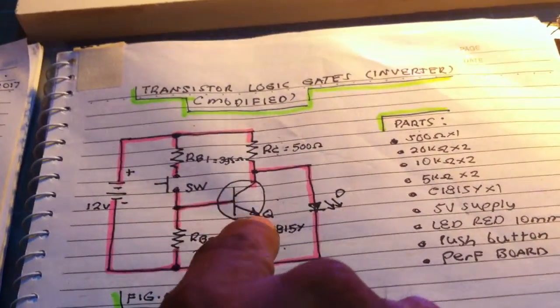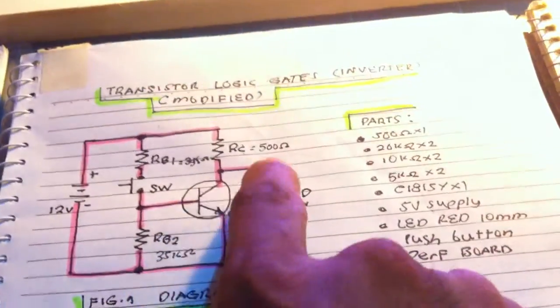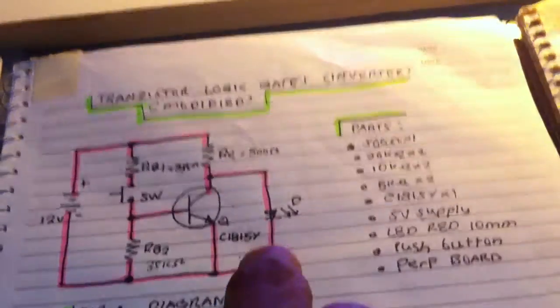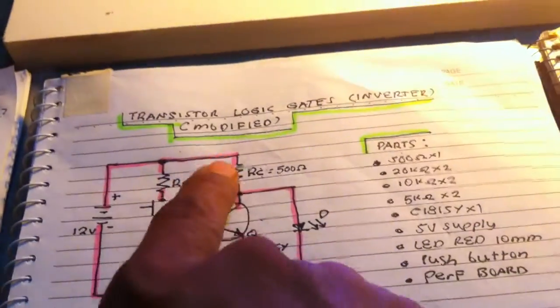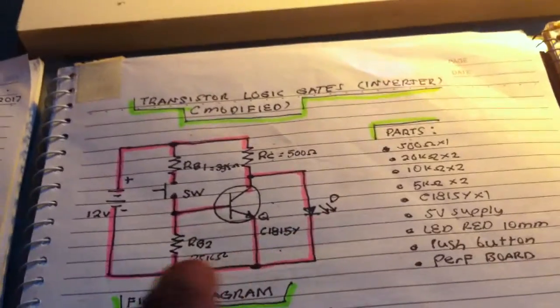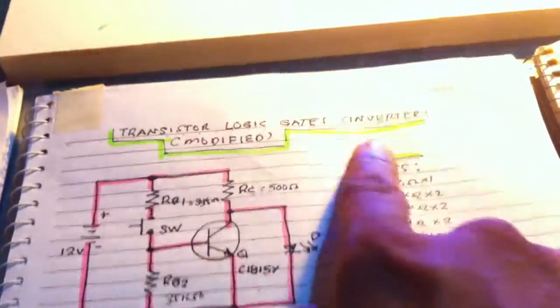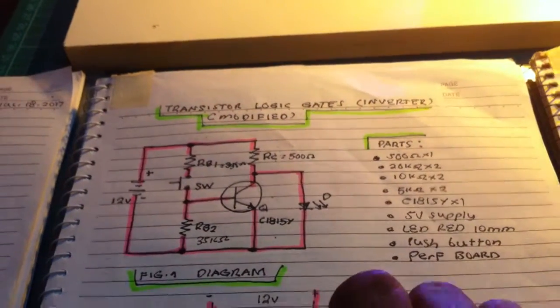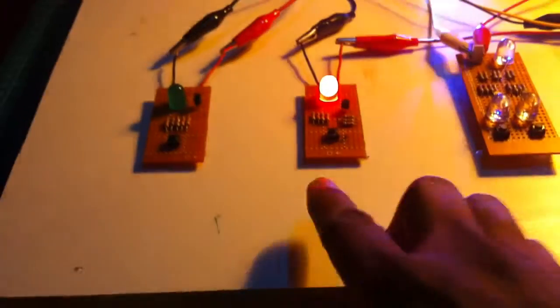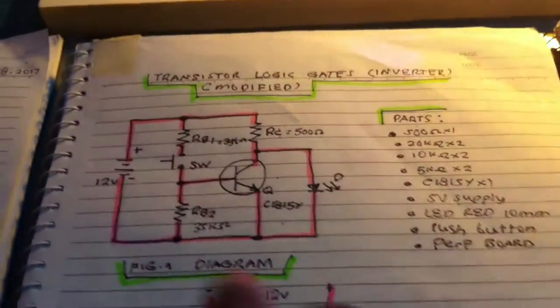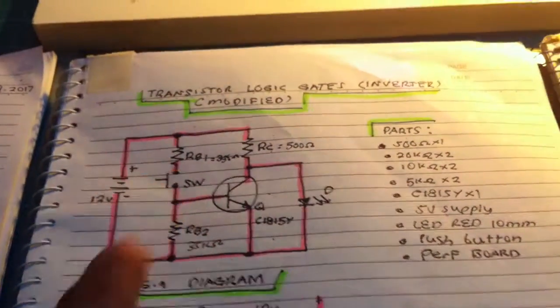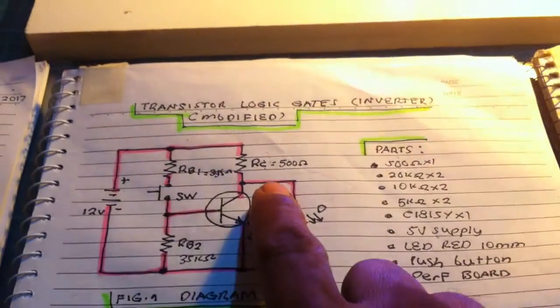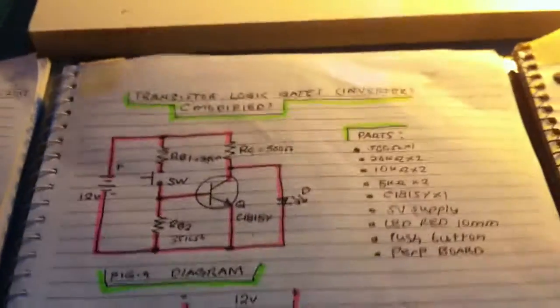The transistor is off, and then current travels to the LED. That's why there is a closed circuit here. Since this is an inverter, the truth table of an inverter is no input but with output. But when you have an input, the LED turns off. It means there's no output.